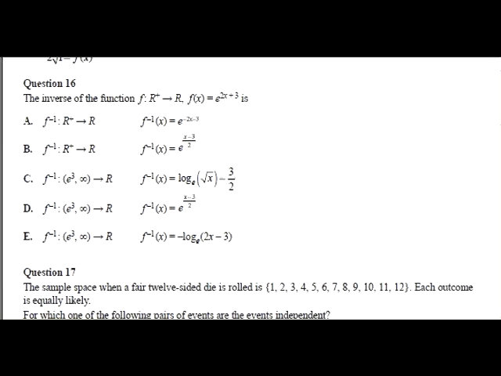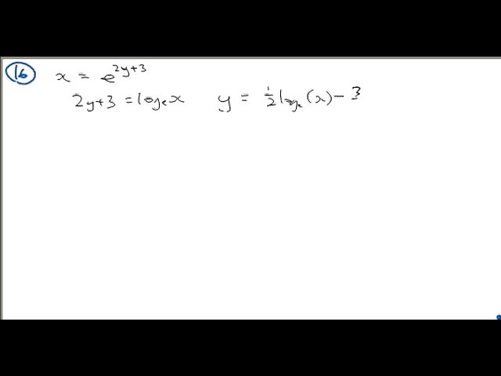You'll see, okay, to find the inverse, you just swap x and y, so x equals, what, e to the 2y plus 3, and you'll get 2y plus 3 equals log to the base e x, and then you get y equals half log e x minus 3 on 2.